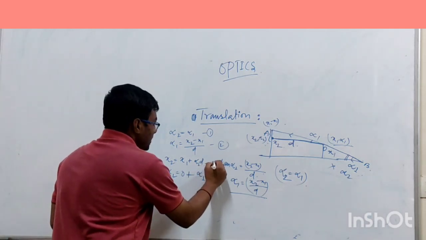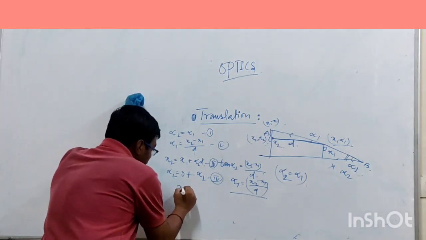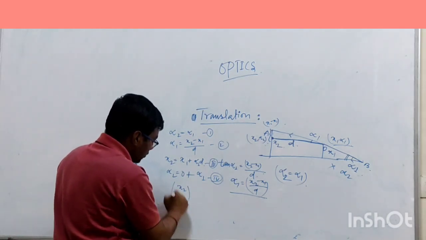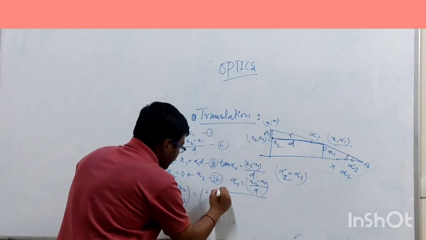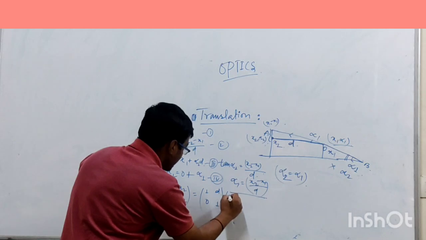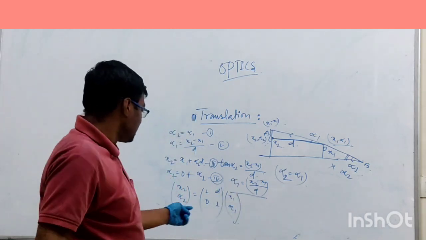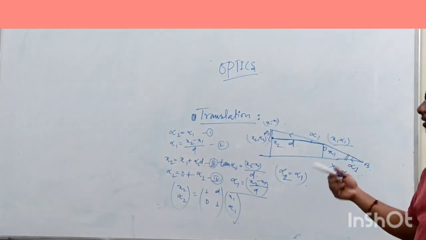So from these two equations, equation 3 and equation 4, we can construct a matrix: x2, alpha 2 equals the matrix 1, d, 0, 1 times x1, alpha 1. So that is the matrix representation of the translation operation of an optical path.